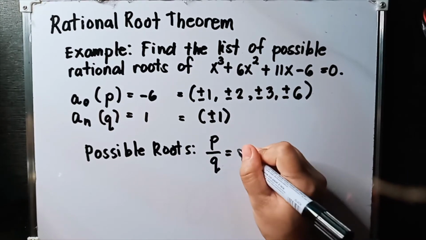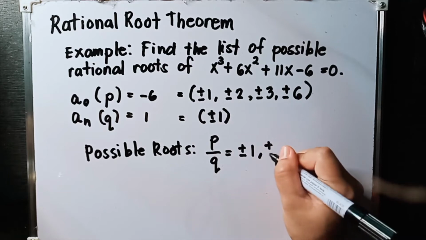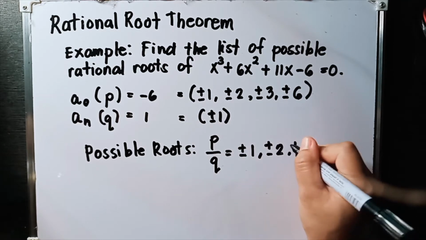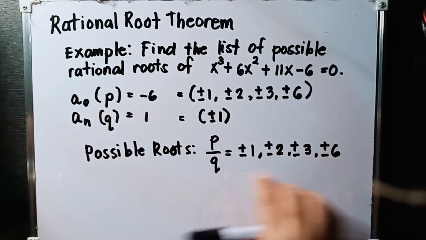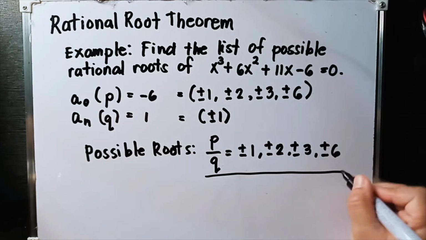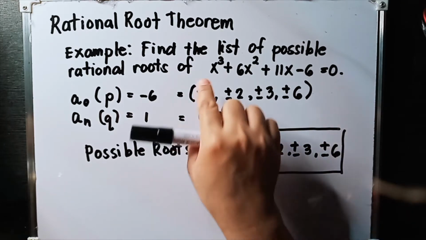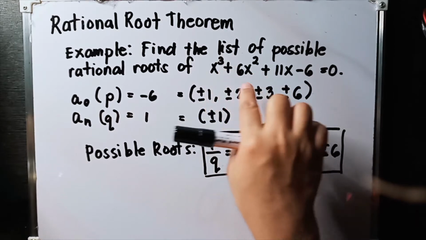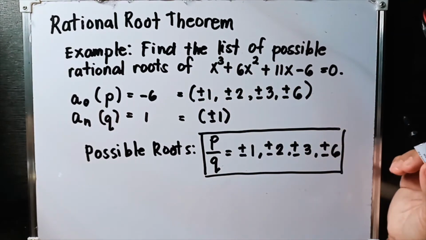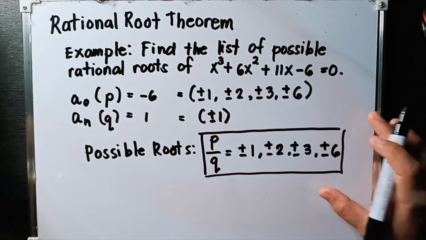So the list of possible factors are positive negative 1, positive negative 2, positive negative 3, positive negative 6. These are the list of possible roots of the polynomial equation x cubed plus 6x squared plus 11x minus 6 equals 0.